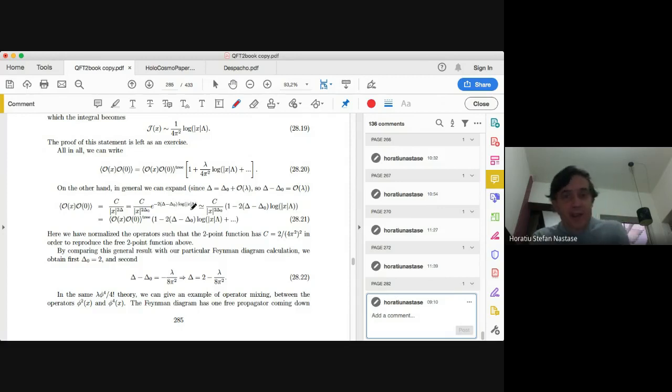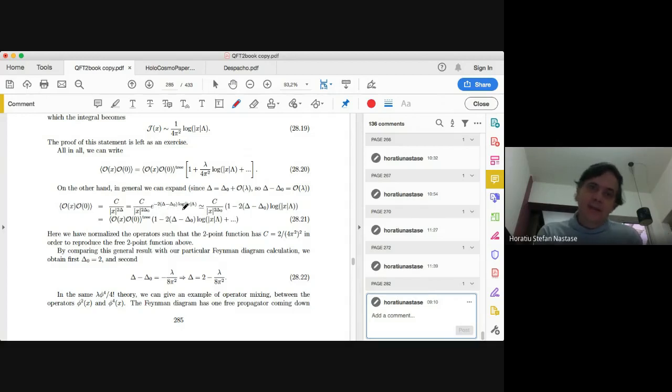But of course, x is dimensionful. So what I mean by log of x is regularized with lambda, and then I have log of x times lambda, the regulator. So the 2-point function then is equal to this.